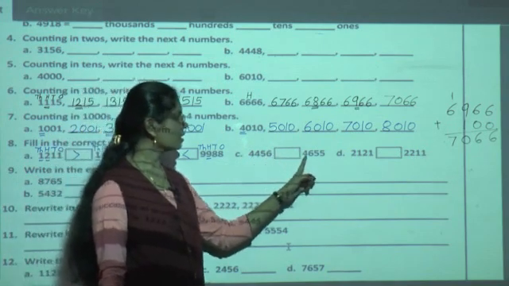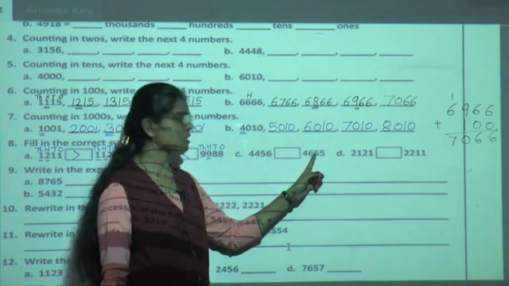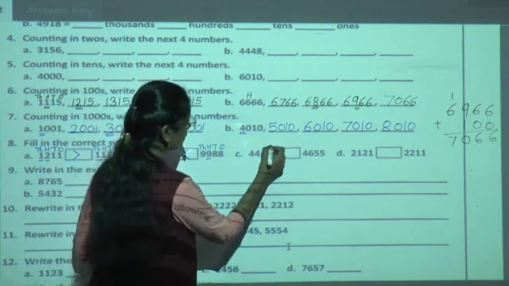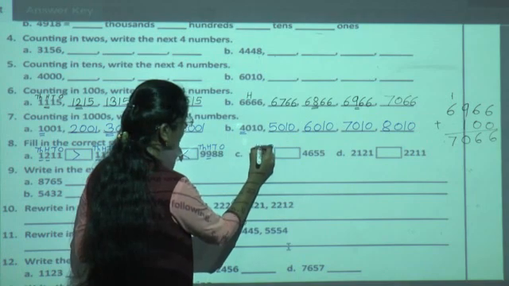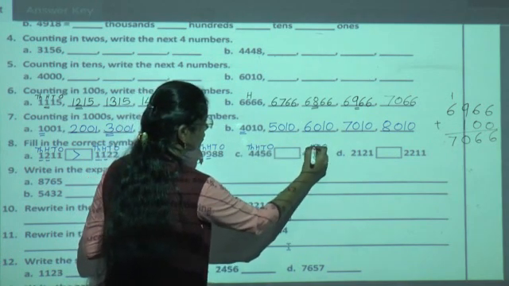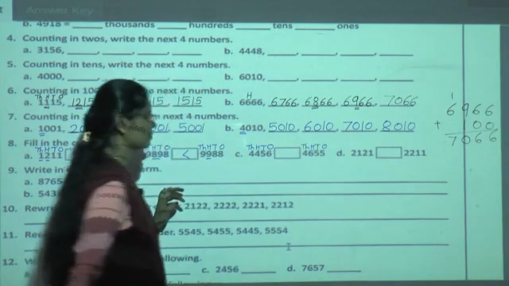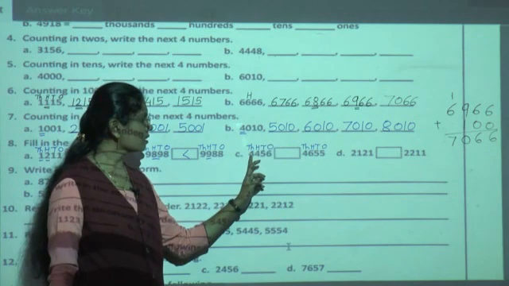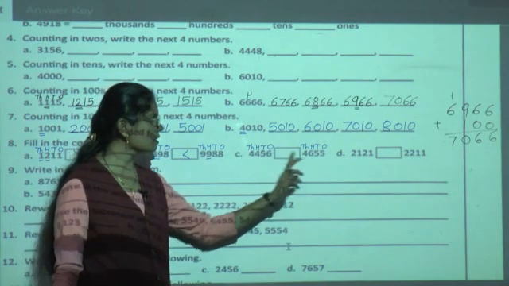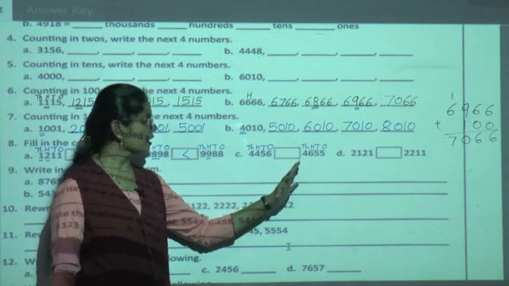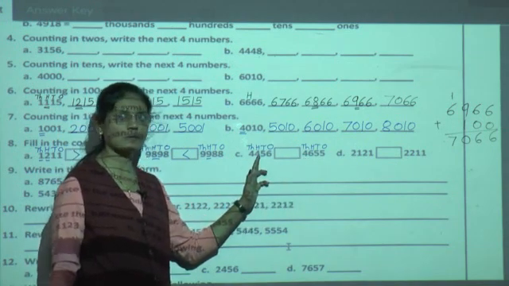Now here see the example, look at the board, 4456 and the other number is 4655. Now again write O T H TH, here also O T H TH. Now compare the thousands place digit. In this number at thousands place 4 is there, here also 4 is there, means both the digits are the same. Then we will move to the hundreds place digit.